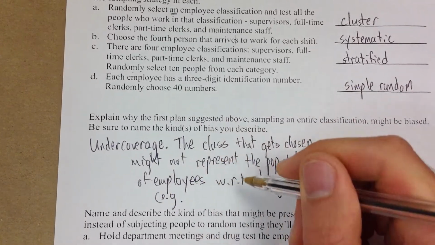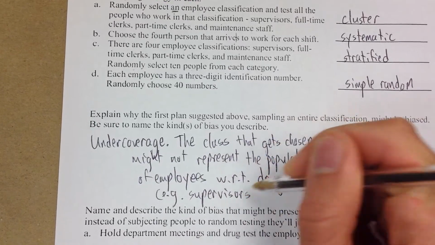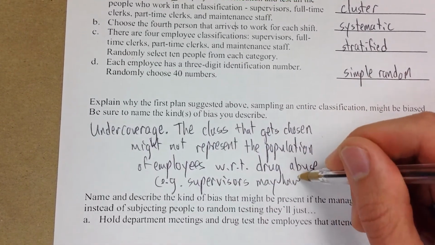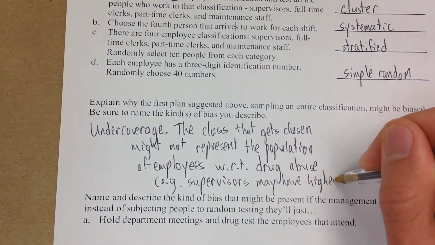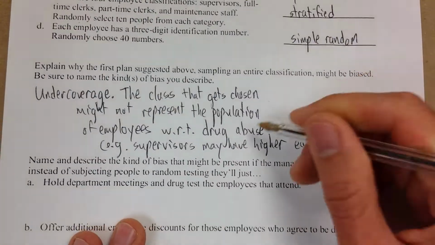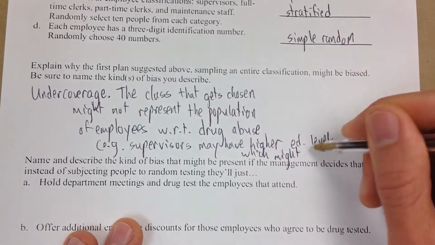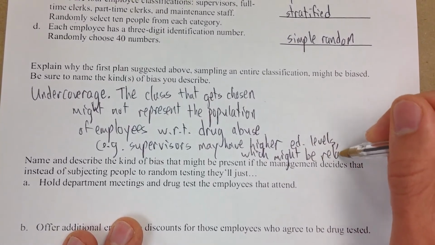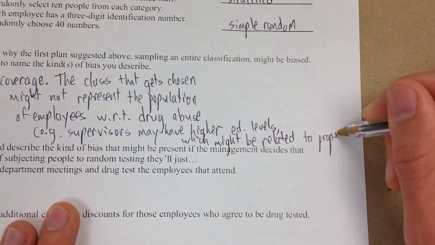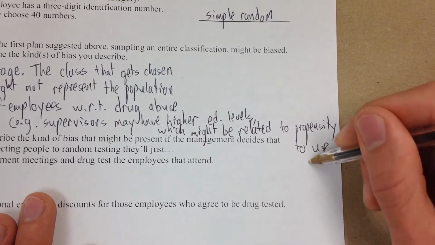For example, supervisors may have higher education levels, which might be related to propensity to use drugs.